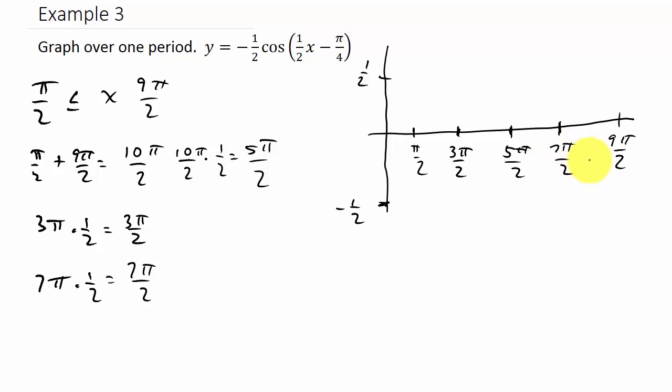Alright, now remember, we're starting at pi over 2 and we're ending at 9 pi over 2. So remember, cosine starts out at its maximum, but in this problem I have a negative in front. So instead of starting off at its maximum, because of the negative in front of cosine, it's going to go to its minimum.